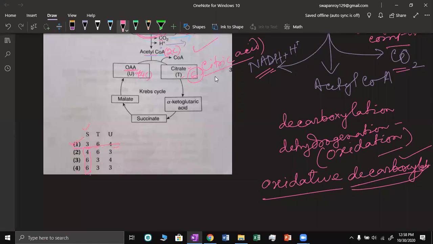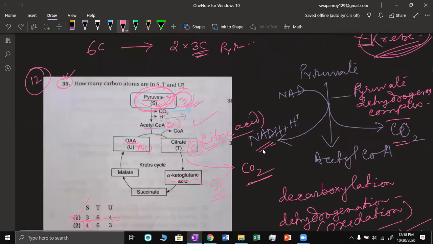This is a 6-carbon compound, but after this, alpha ketoglutaric acid is a 5-carbon compound, because during the formation of alpha ketoglutaric acid from citric acid, one molecule of carbon dioxide again comes out. So this one is a 5-carbon compound. I will show you.